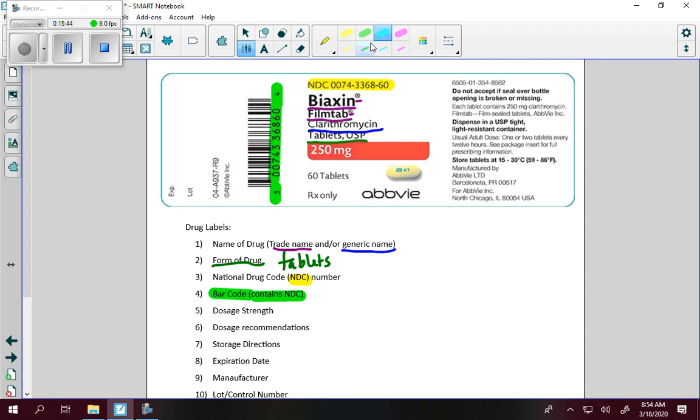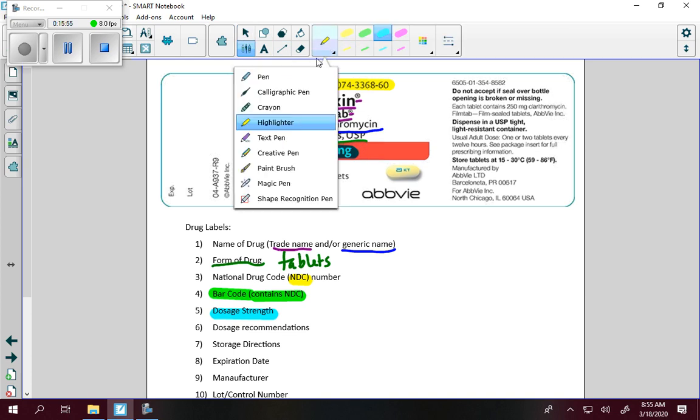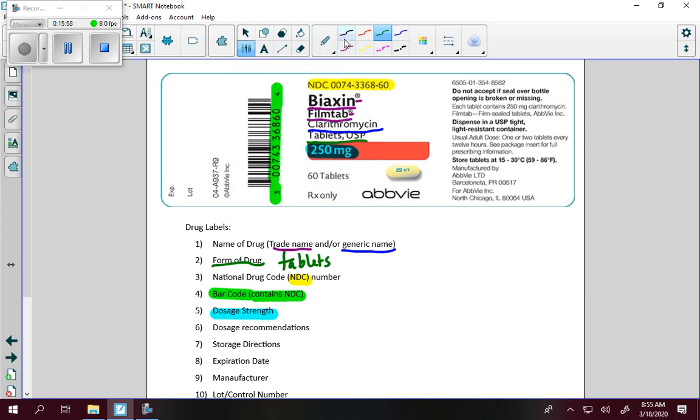The dosage strength would be 250 milligrams. But I want you to get used to thinking of strength as a fraction. Let's write that. Strength. Let's erase this part. We'll use that highlighter for something else. I want to write something about this. So the dosage strength, whenever you see strength, I want you to start thinking of strength as a fraction, with the amount of pure drug on the top of the fraction for every total solution or total volume on the bottom.